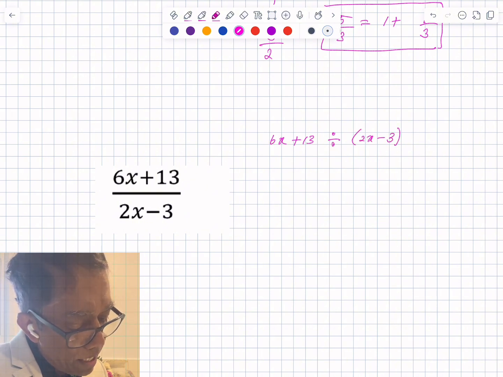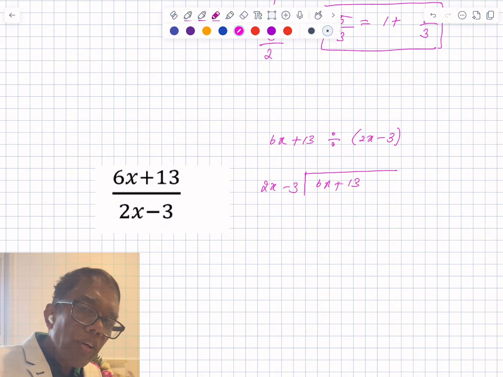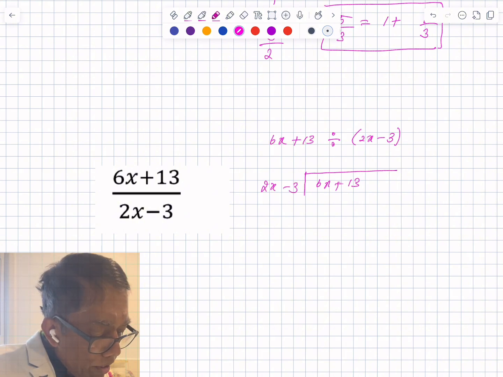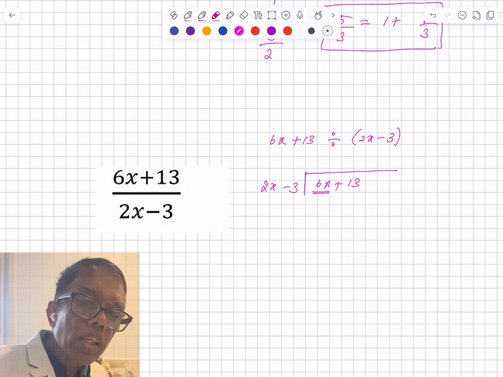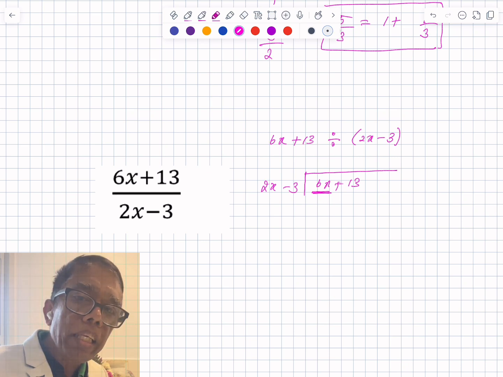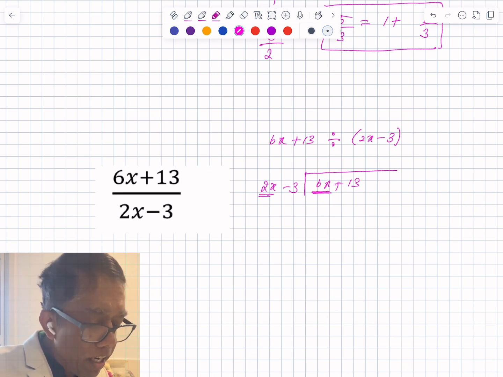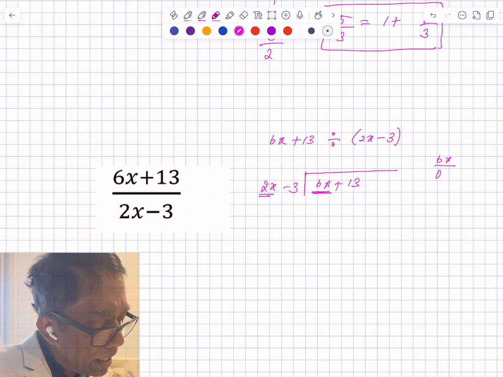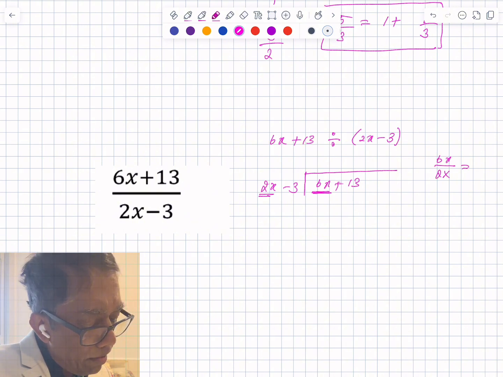You have to write it like this: 6x plus 13 divided by 2x minus 3. First, think about the leading term of this one, 6x, divided by the leading term of this one, 2x. 6x divided by 2x is 3, the x gets cancelled. We have to put 3 here.